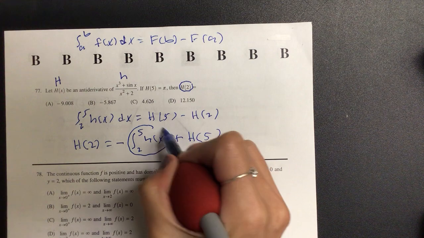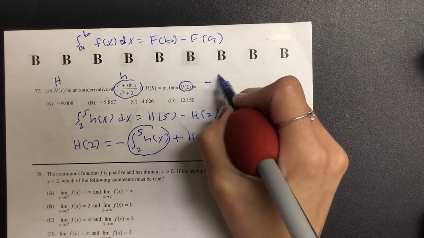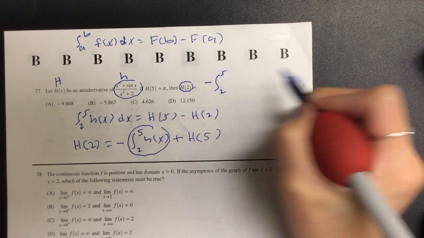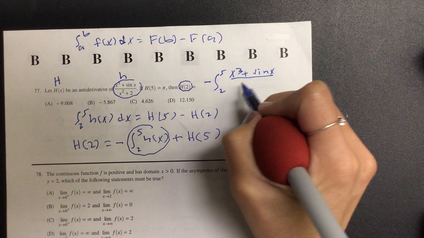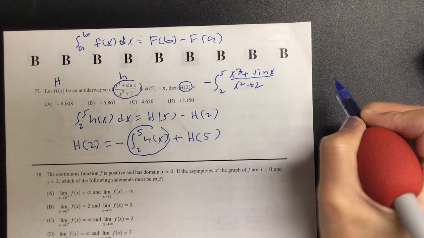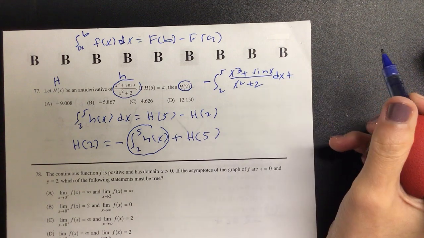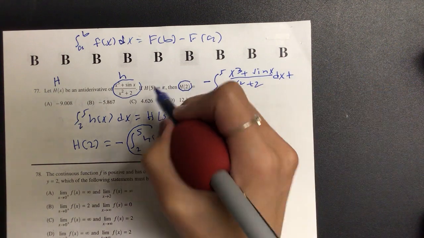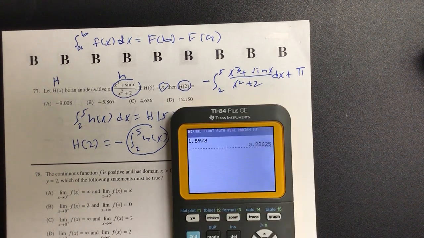All of this is going to be this integral. So let's write in here, we have negative of the integral from 2 to 5 of x cubed plus sine of x, all over x squared plus 2, of course, dx. Plus, do we know what H of 5 is? It is pi.